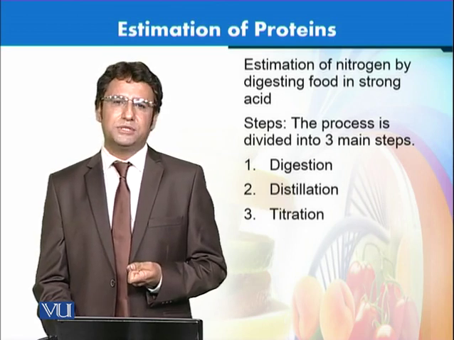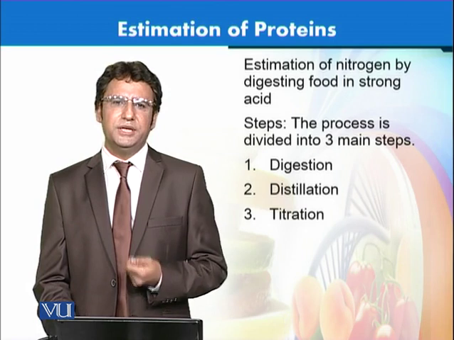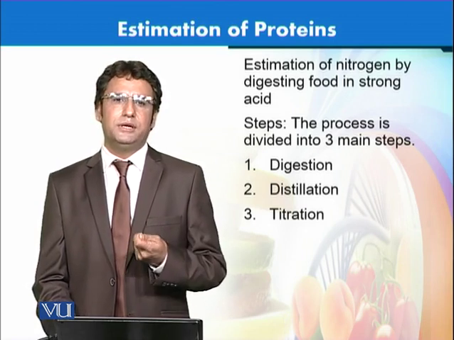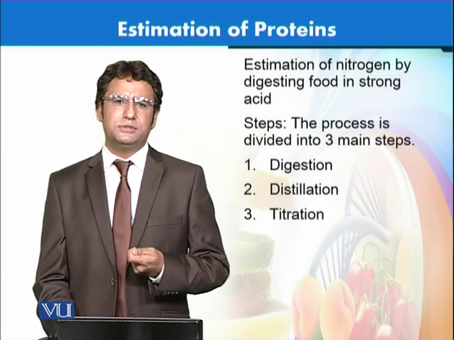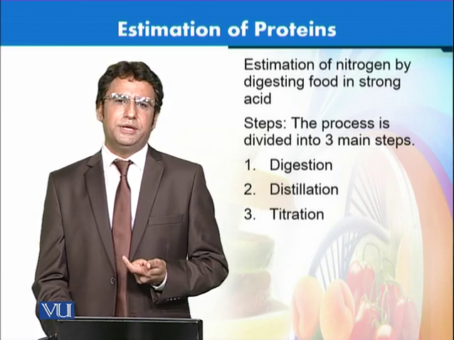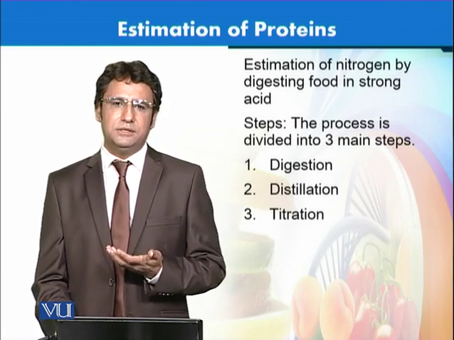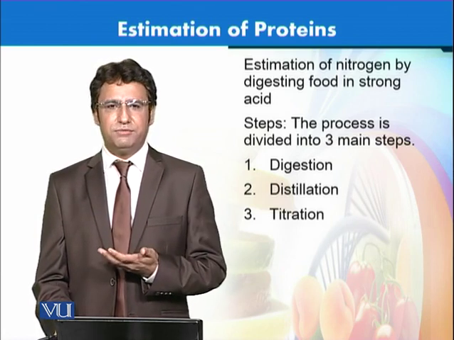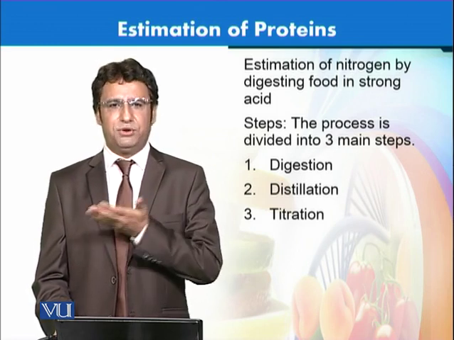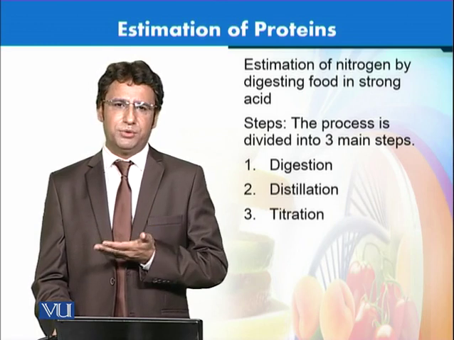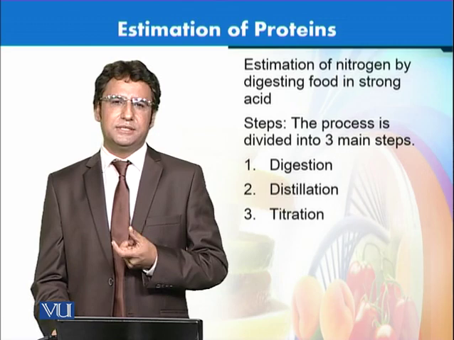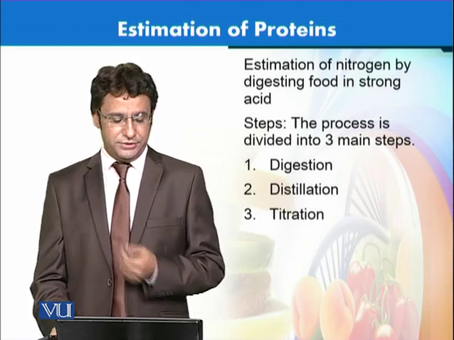The protein content is determined by nitrogen, and nitrogen is converted during the digestion process into ammonia. This ammonia is then distilled into another solvent, and the total nitrogen is released from the food in the form of ammonia. Once all nitrogen is distilled, this is then titrated against an acid.